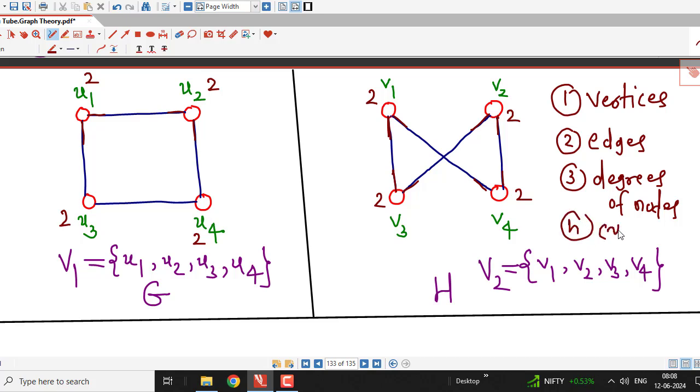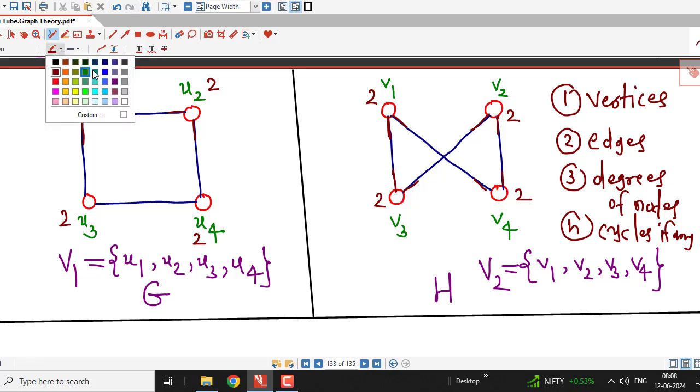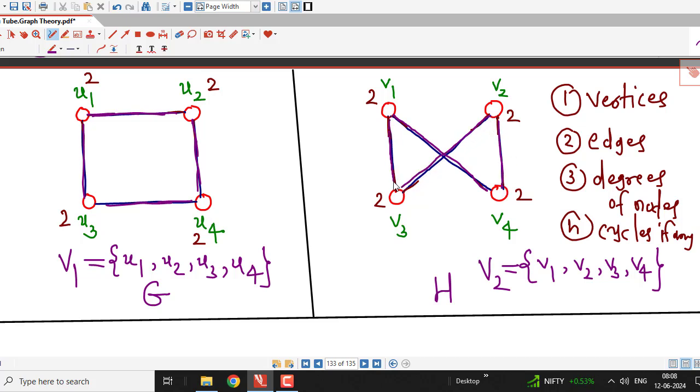After that we can check for cycles, if any. These two graphs have one cycle. If we start with u1 and go in this direction, there is a cycle of length 4. Here also, if we start with v1, this is v1 to v4, v4 to v2, v2 to v3, and v3 to v1.